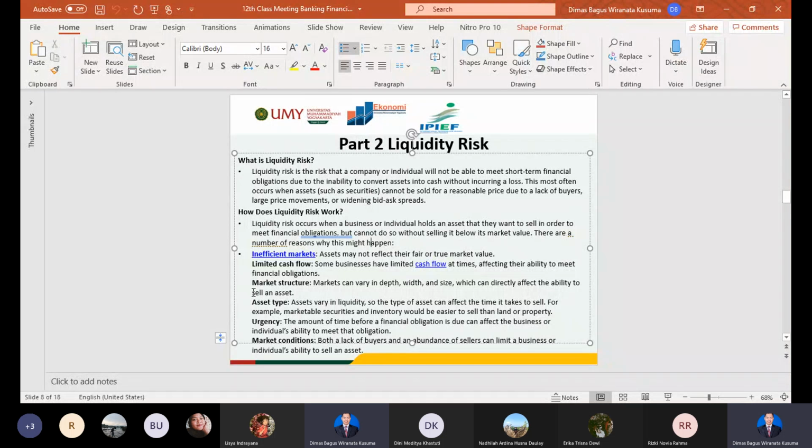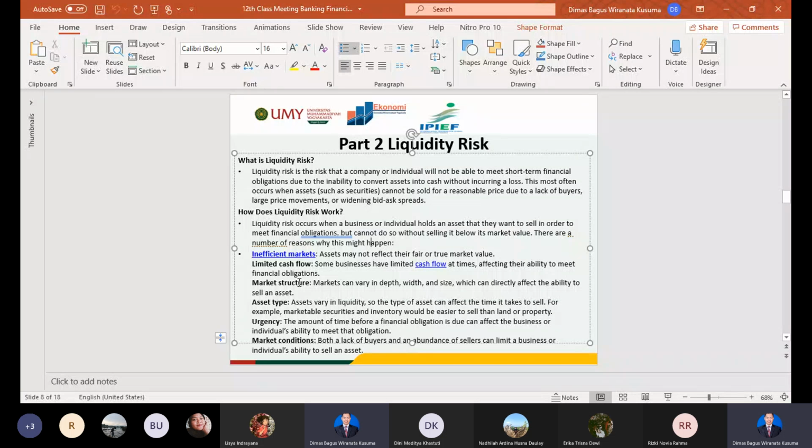And the market structures can vary in terms of depth, weight, and size. For example, maybe you remember Bank Century. Bank Century went bankrupt at the moment, and created systemic risk due to the complications of the operation of these small banks.